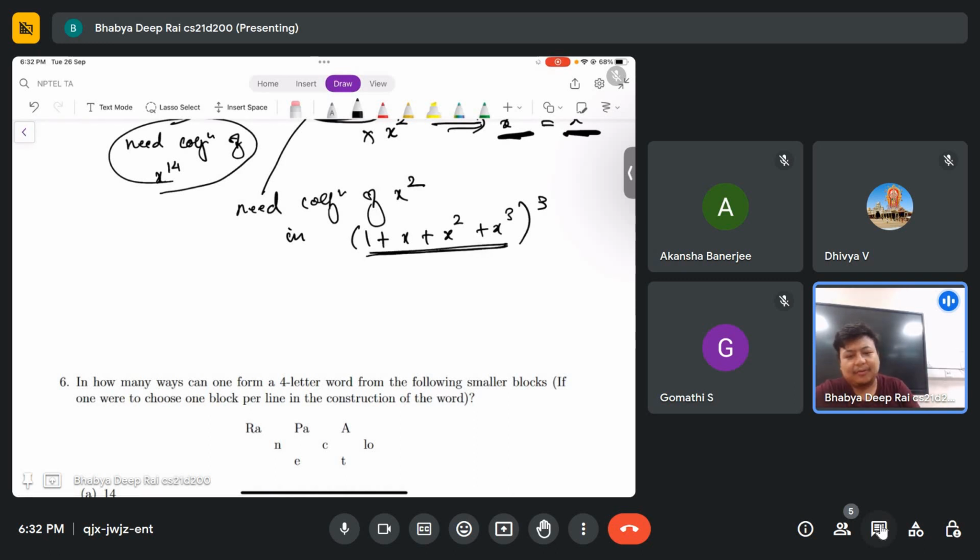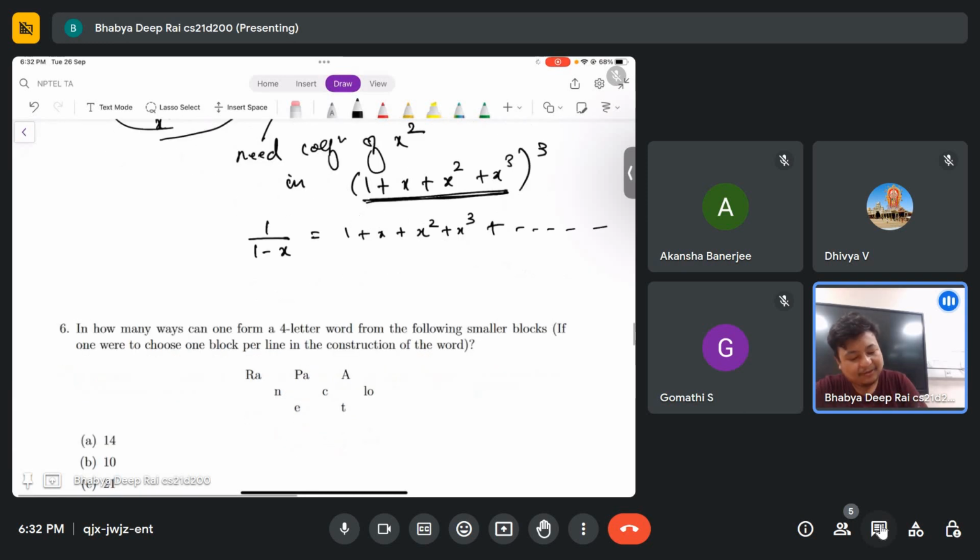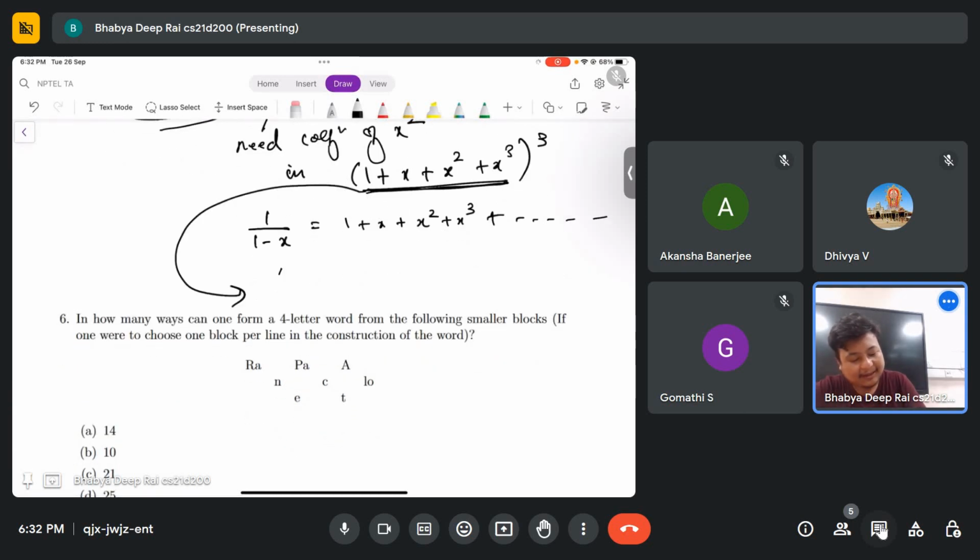Now what we'll do is, this particular expression, we don't know a generating function for this. I mean, right off the bat we do not know, but we know the generating function for something similar, and that is this particular generating function 1 by 1 minus x. This is nothing but 1 plus x square plus x cube, but it does not stop there, it keeps going on. So I'll write it as 1 by 1 minus x.